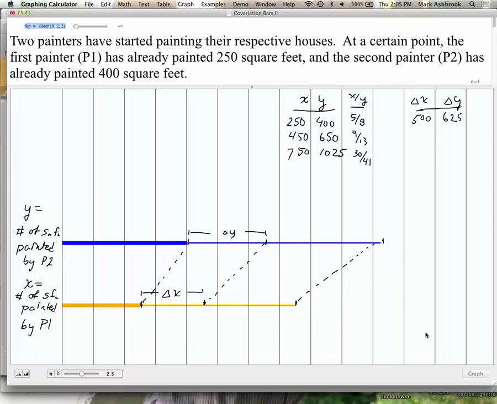Okay. And you said that ratio was 5/4. So, is it maintained? Is the ratio maintained? How do you know?